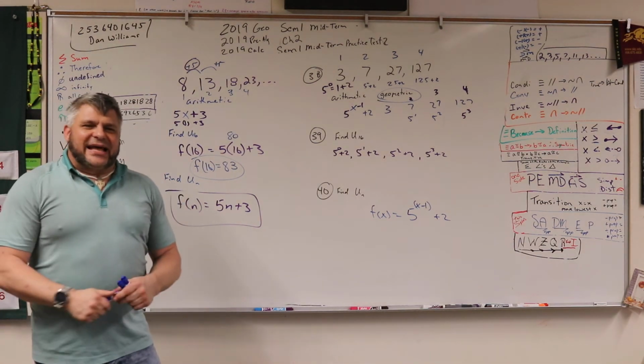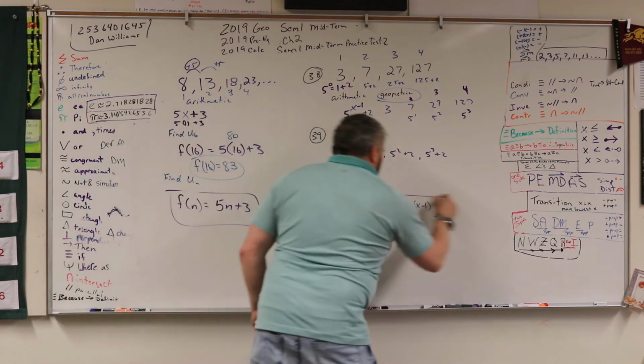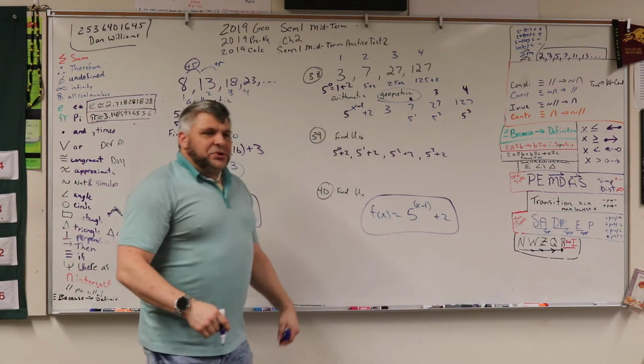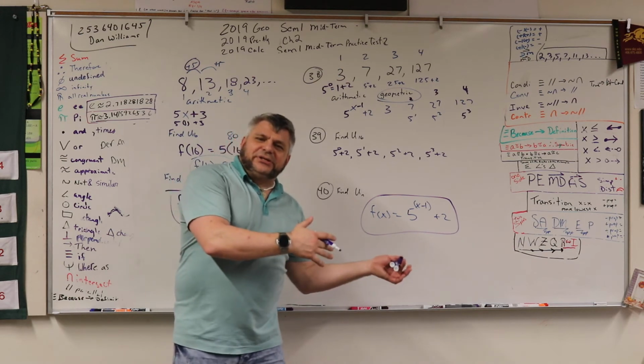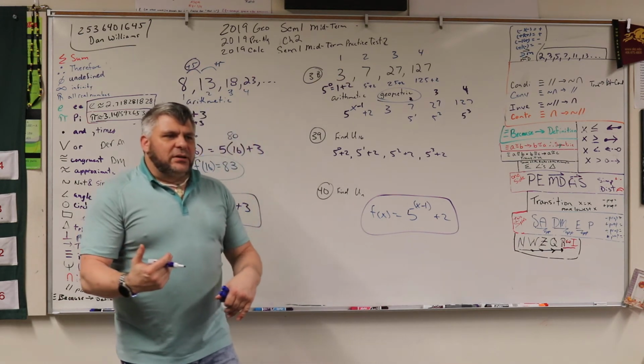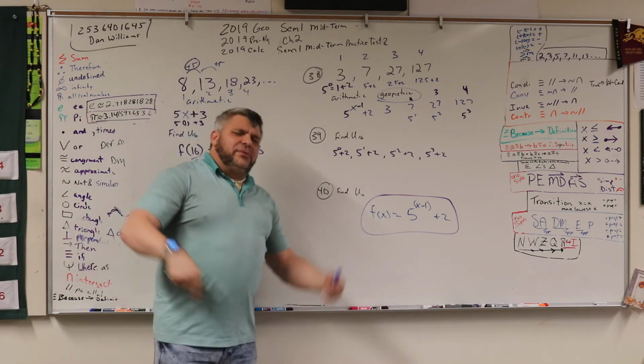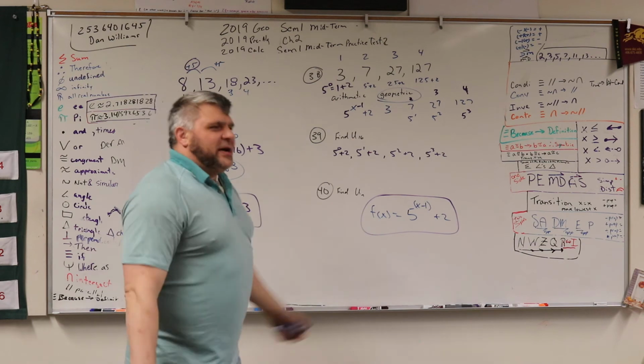And this is how I realized, after I turned the camera off, I go, well wait a minute, that can't be recursive. Because if I can put it in a formula, you can't put a recursive function in a formula. You'd have to use summation. And I said that right at the beginning, we can write this in a summation or in a product.